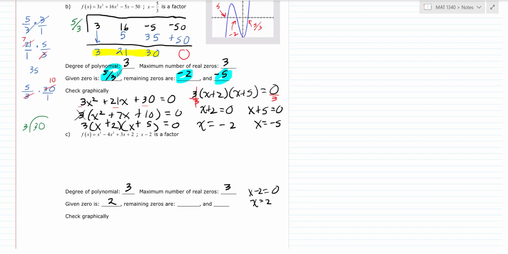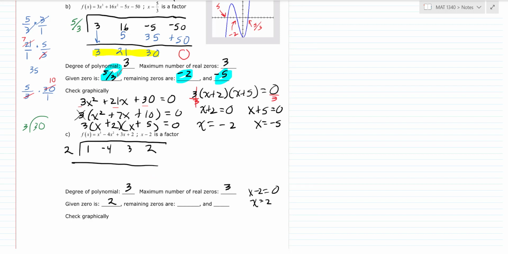So we're going to take that first zero, 2, and synthetically divide it into this polynomial. The coefficients are 1, -4, 3, and 2. We should know the remainder is 0, because I gave that to you.